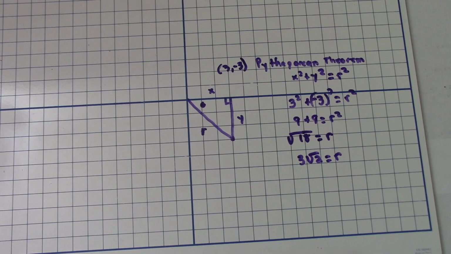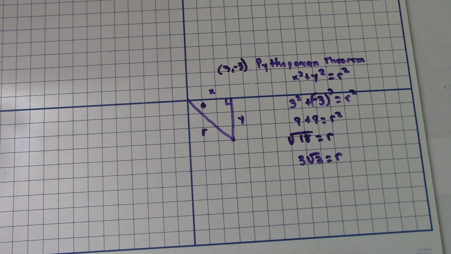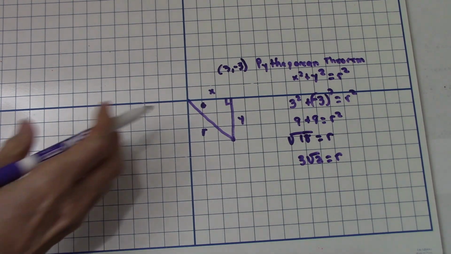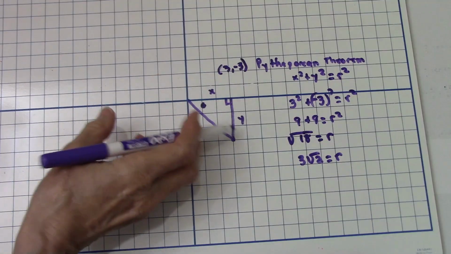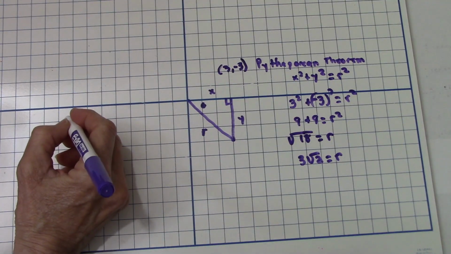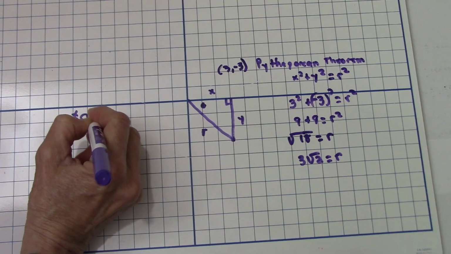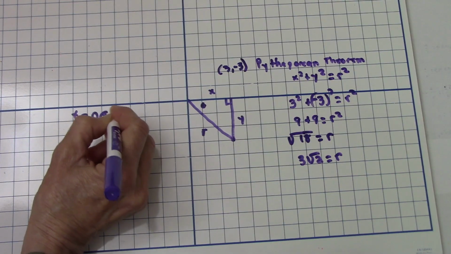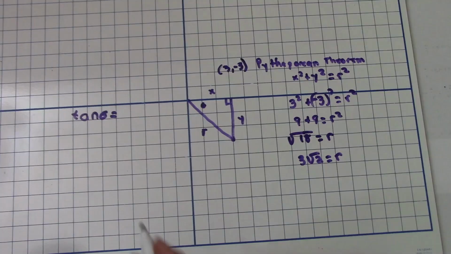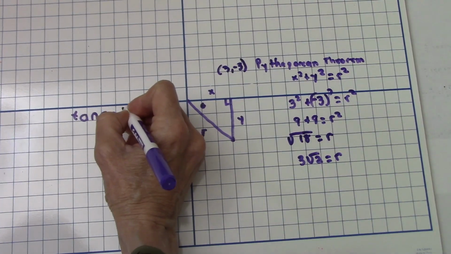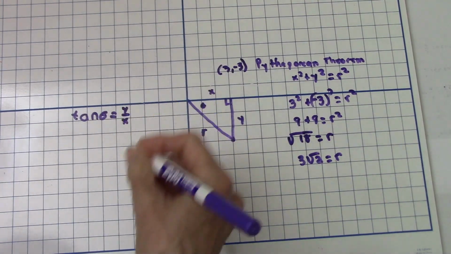Okay, now I want to find the value of the angle. Now for the angle right here, given my values of x and y, I know that the tangent of theta equals y over x.